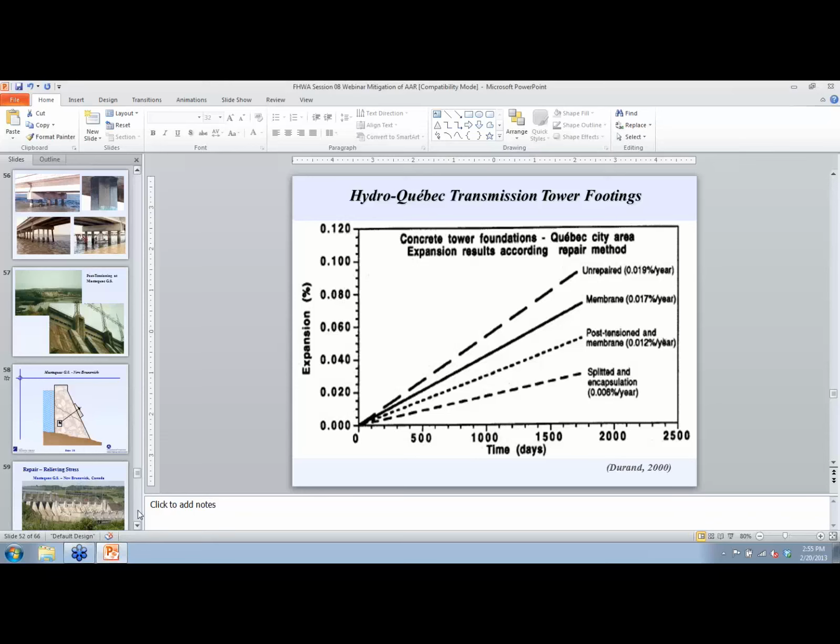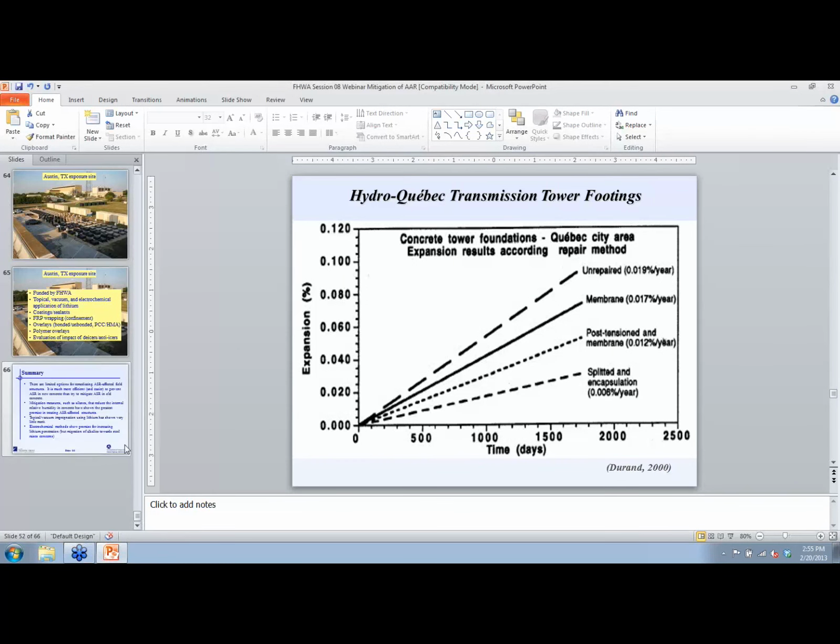One test that we've also been doing that is qualitative, but it is a very interesting tool for determining potential reactivity, is what we call a gel pat test. If you take a concrete core, you slice it in half, you polish the surface, you can immerse the core in a 1 normal NaOH solution at 38 degrees C, and then with time you can take out the polished section from the solution and look at the surface, and you will see gel developing at the surface of the reactive aggregate particles.